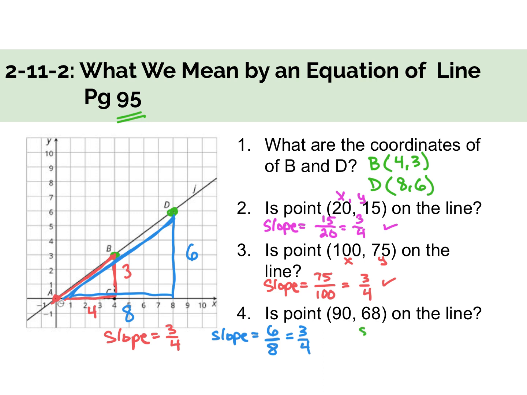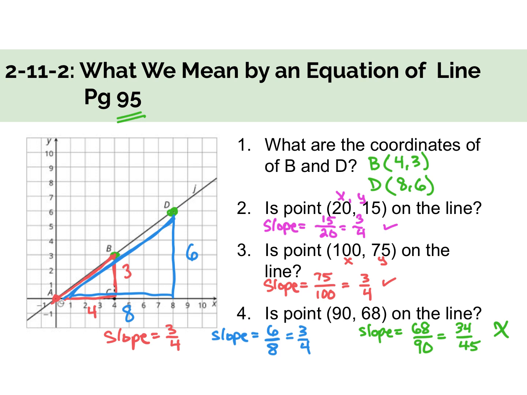Same kind of thing. Our slope is our change of y, which is 68, over change of x, which is 90. And let's put that in our calculator. Now, what does that reduce down to? 34 over 45. Is 90 comma 68 on this line? No, it is not. So we can make slope triangles with these.